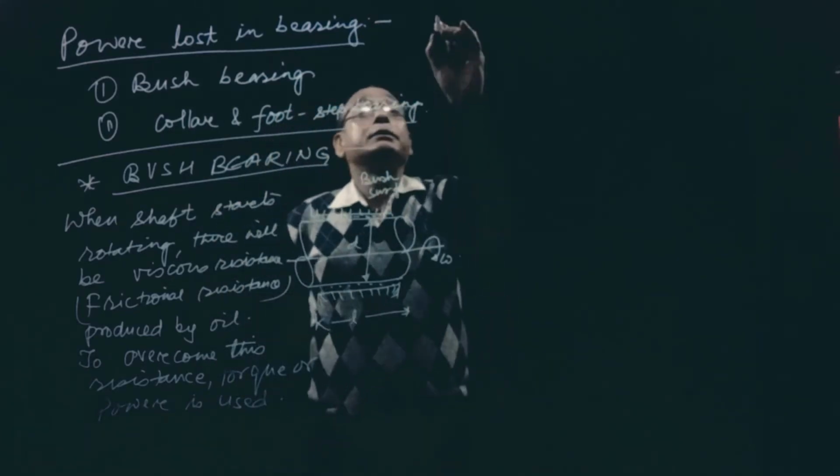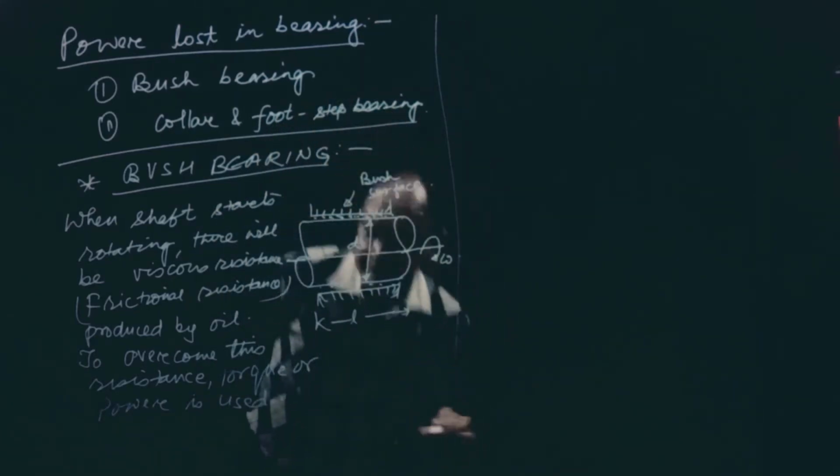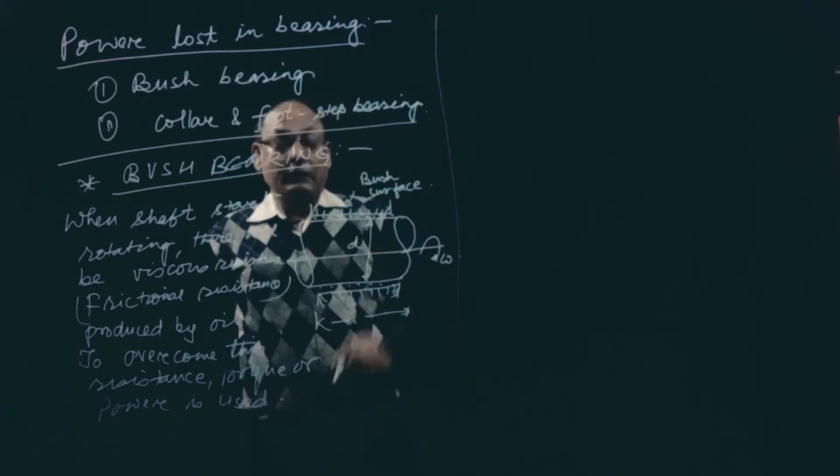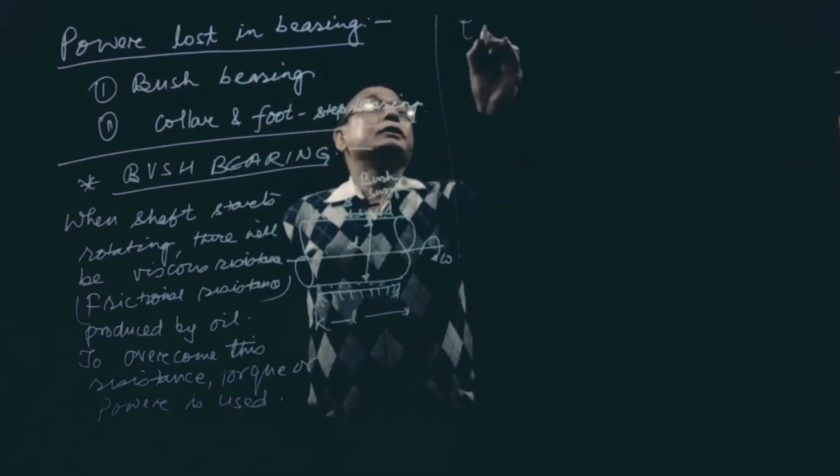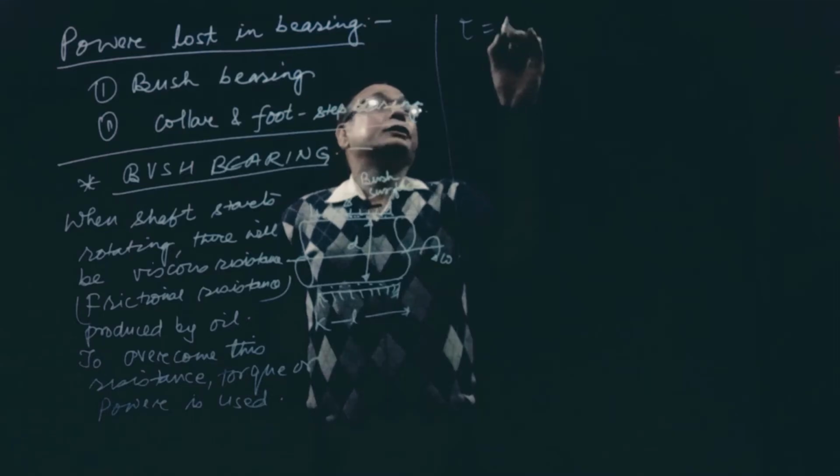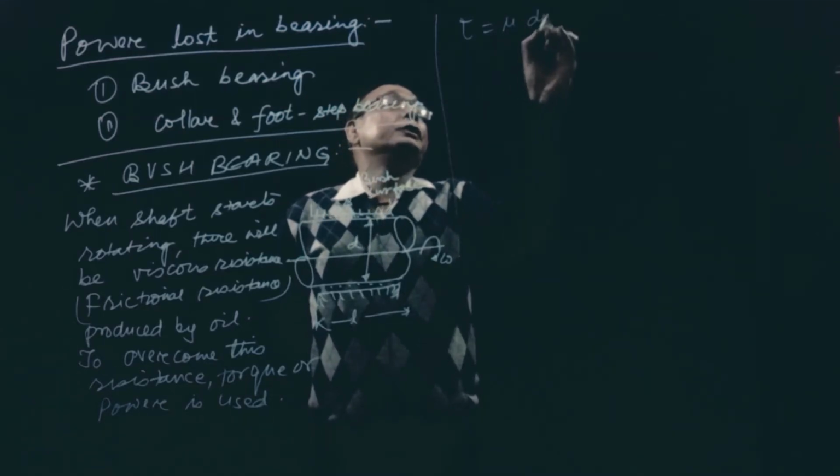First of all, we know Newton's law of viscosity: tau is equal to mu du by dy.